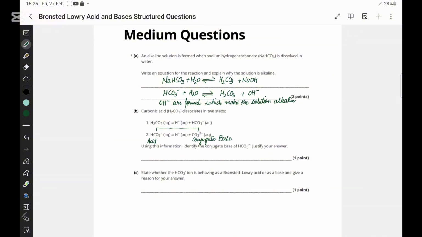The conjugate base of HCO3 minus will be CO3 2 minus. Why? Because it is formed when HCO3 minus donates a proton.